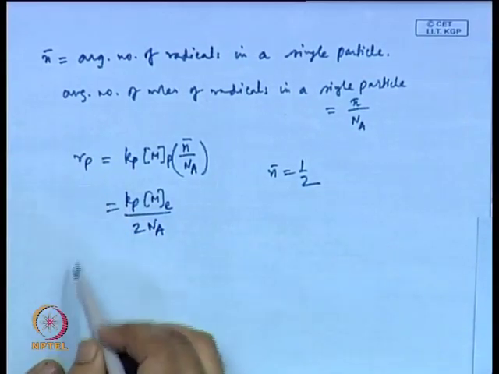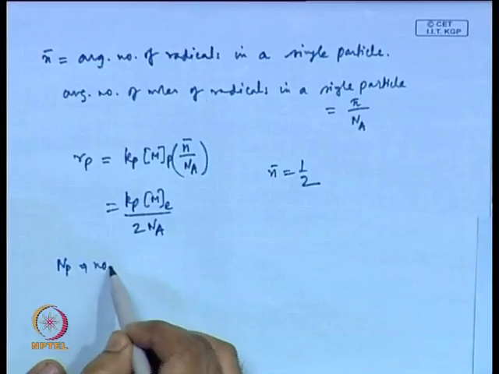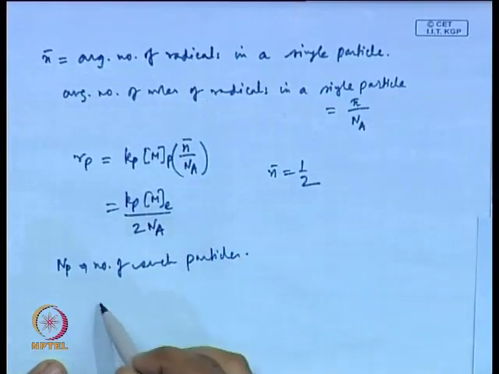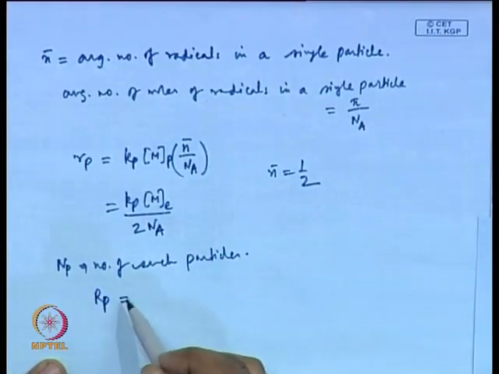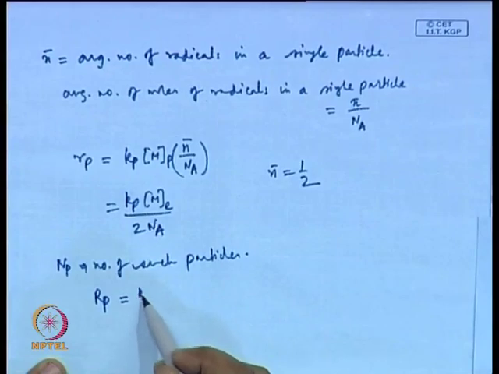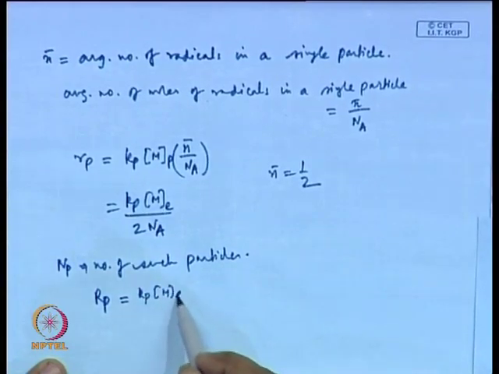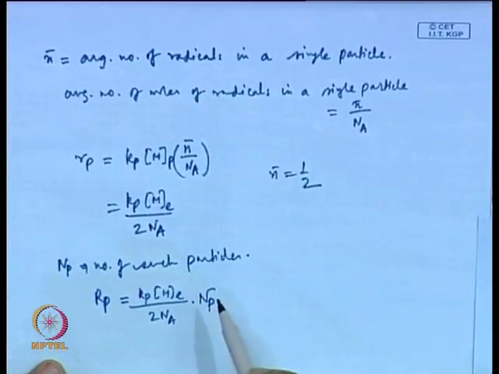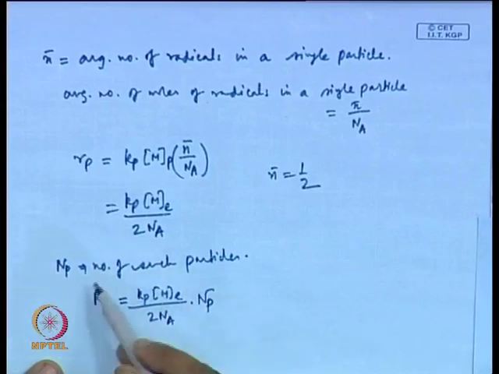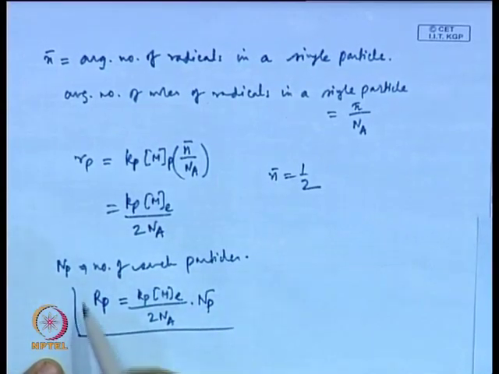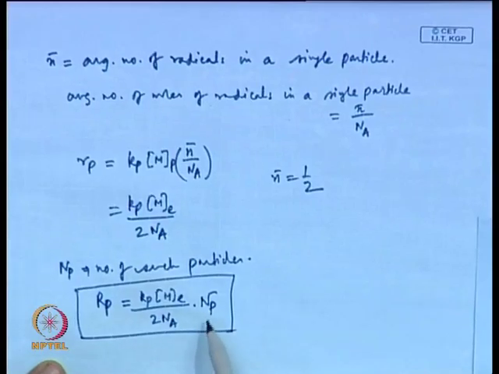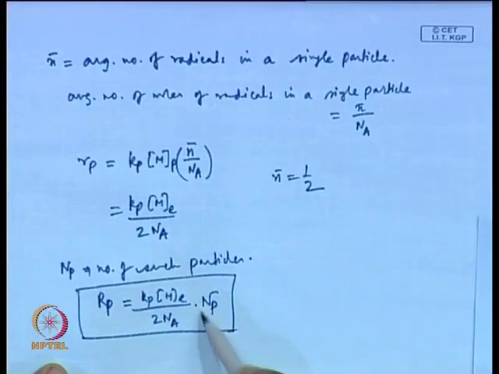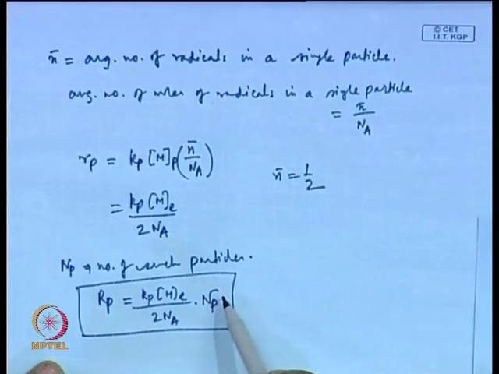Now, if Np is the number of such particles, then the total reaction rate will be given by the rate in an individual particle multiplied by the total number of particles. So, that is the rate of polymerization, and this can be increased by increasing Np, which is the number of particles taking part in the reaction.